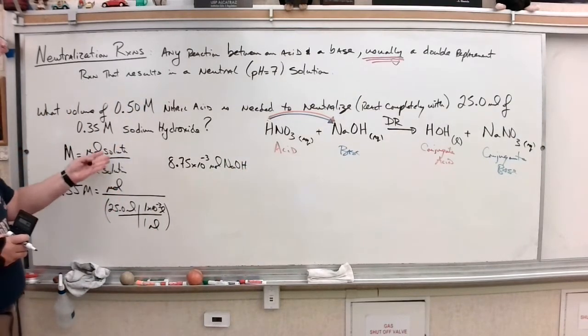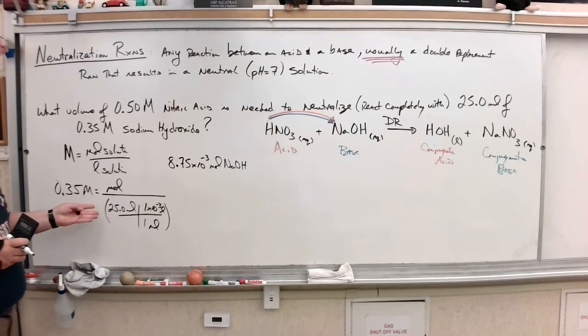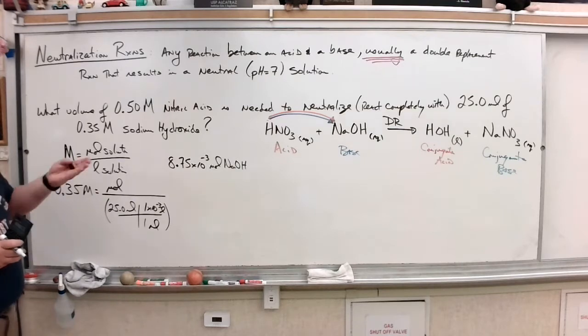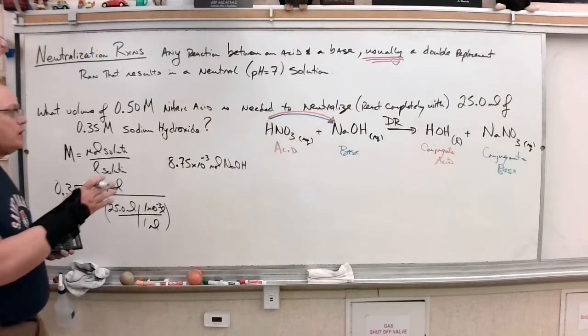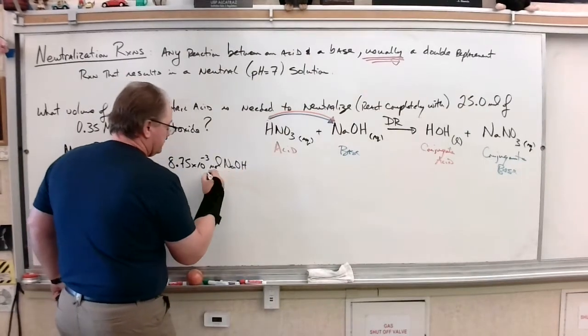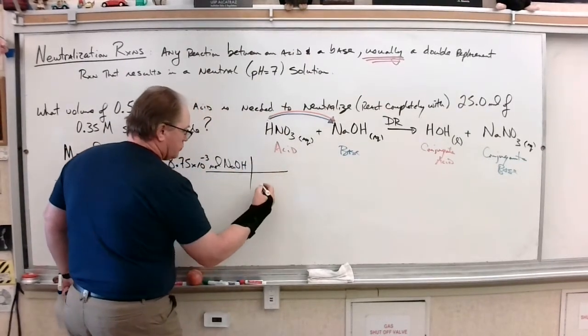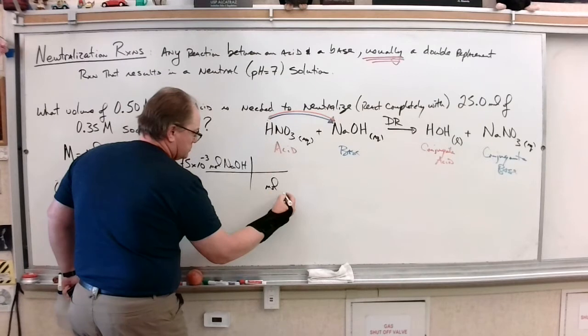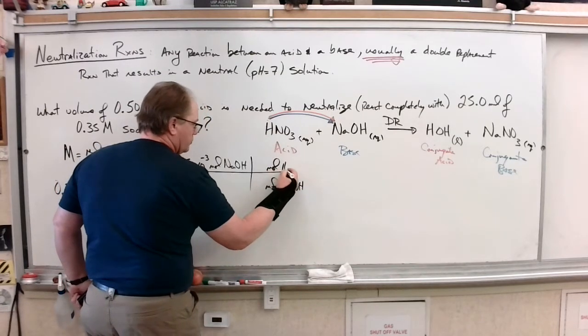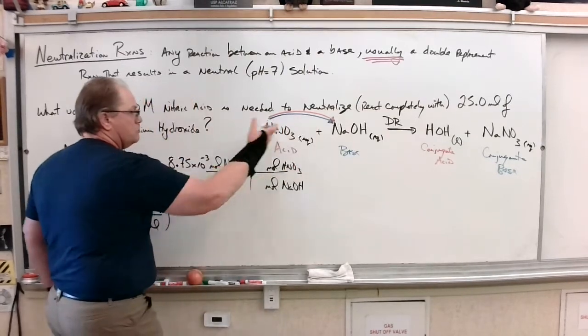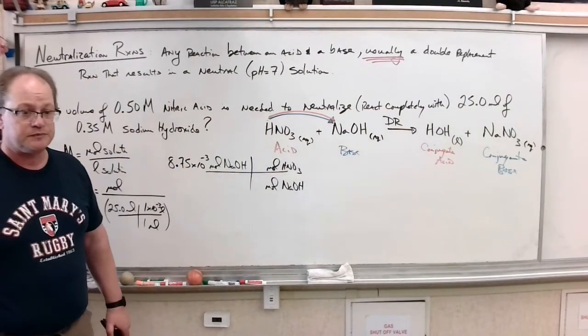Because that's the information that I have moles for. Of course, now that I have moles, is this the material I'm interested in? No, that's nitric acid. And that's why I needed the balanced equation, so that I could convert my moles of sodium hydroxide to moles of nitric acid using the balanced equation.